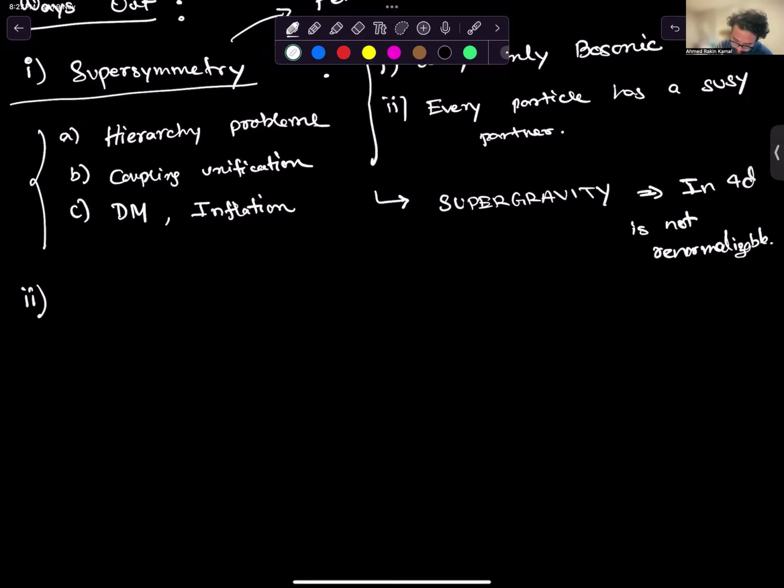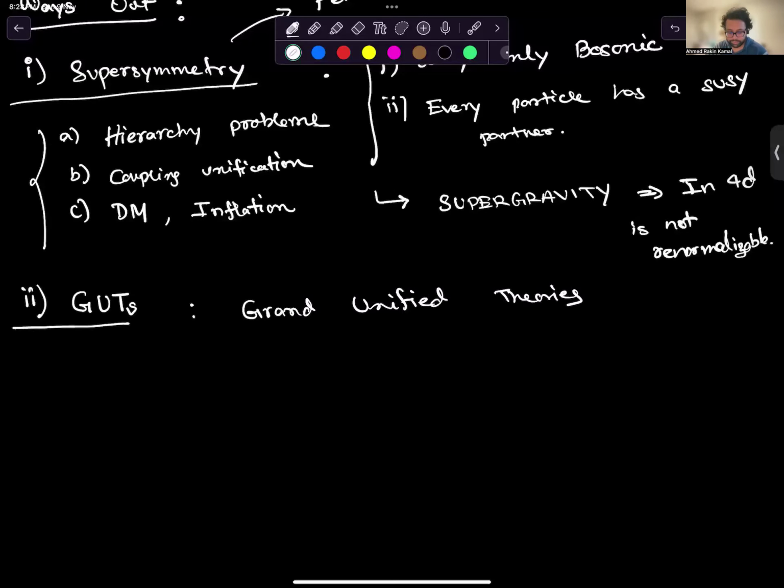Second are what are called grand unified theories. Anomaly cancellation and so on allows for two gauge groups which are close together, which is basically embedding the standard model in a bigger gauge group.